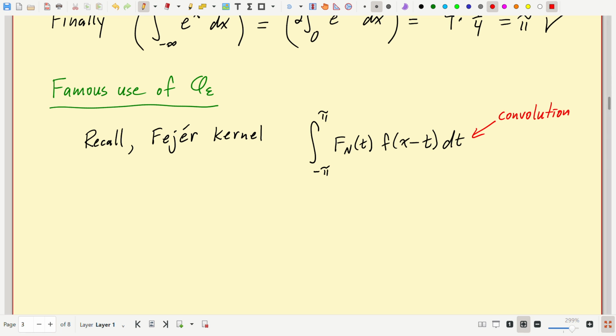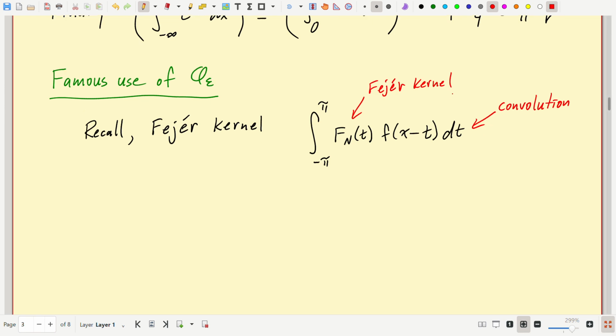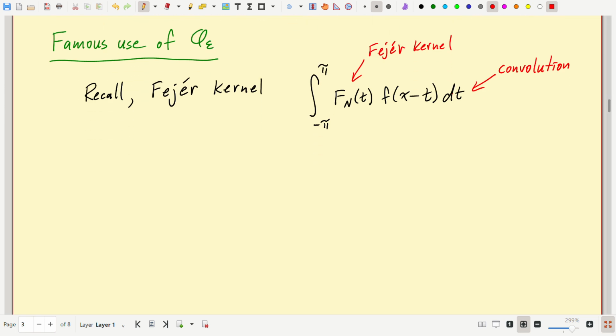Okay, and this was the Fejér kernel. So you convolve the Fejér kernel with a function. And this stuff was 2 pi periodic when we did it.